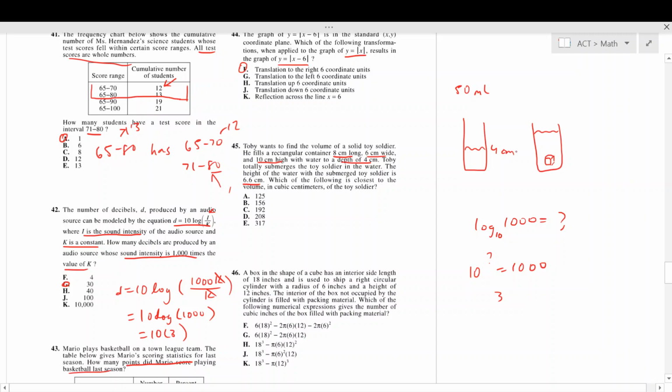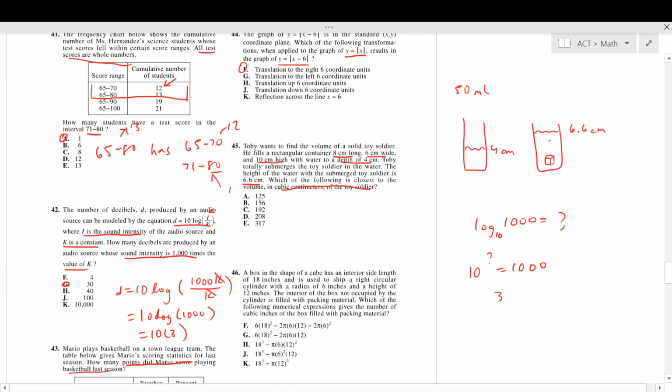If it was originally 4 centimeters, and now it's 6.6 centimeters, and increased in height that much, well, we want the amount of volume increase because we want the volume of the toy soldier. So we want to find the amount that it increased.